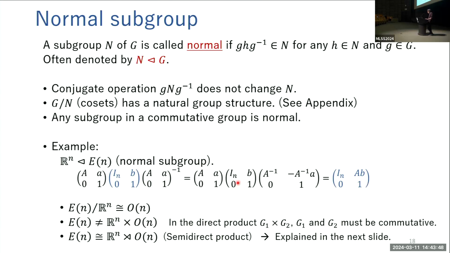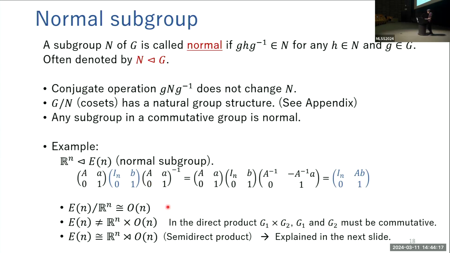In this way, we can see that the translation is a normal subgroup within the Euclidean motion group. And if we take the coset, the remaining part, or the residual class, gives the orthogonal matrices, just this part of the Euclidean motion.